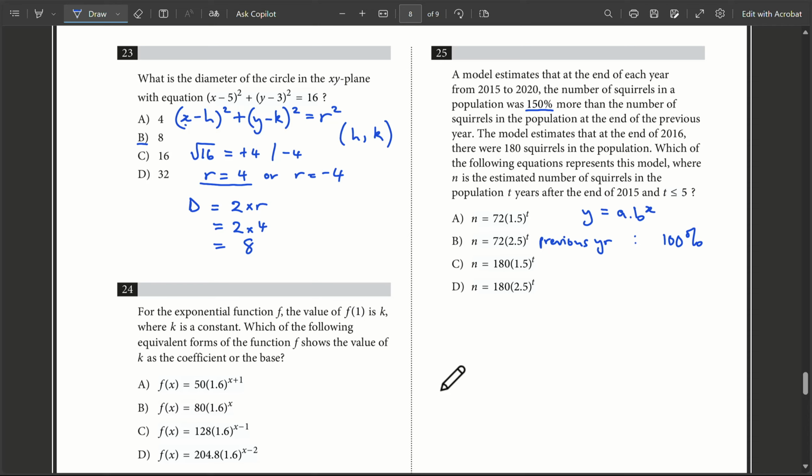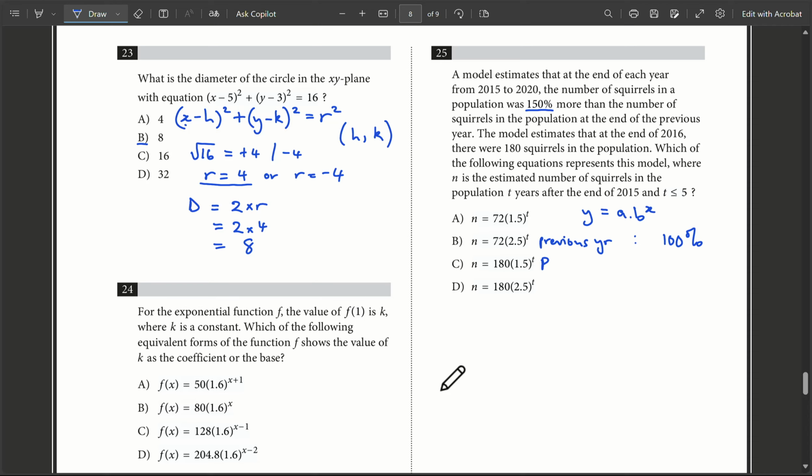Okay, and then the population increased to 150%, right? The population was 150% more than the number of squirrels in the previous year.